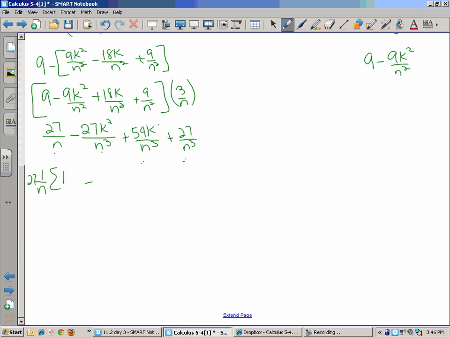And then minus 27 times 1 over N cubed of this formula. Then plus 54 times 1 over N cubed of this formula, plus 1 over N cubed of, times 27.